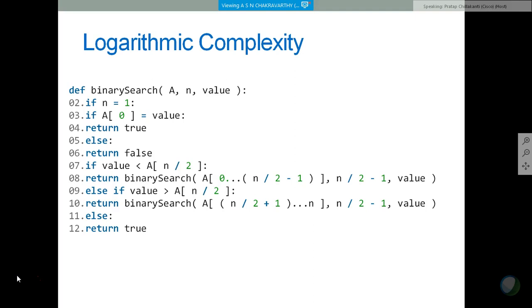So that will be an order of n algorithm, linear search, right? Linear search is basically an order of n algorithm. But by sorting the array, if you have a sorted array, then it comes down to log of n. Log of n is a significantly smaller number compared to n, right? That is what this is showing for you.